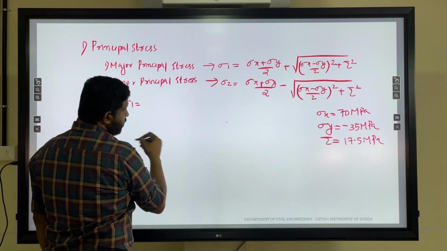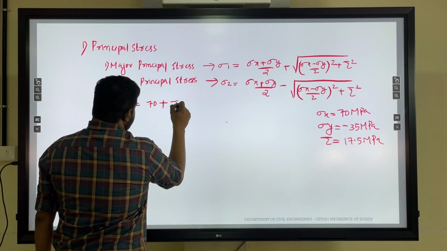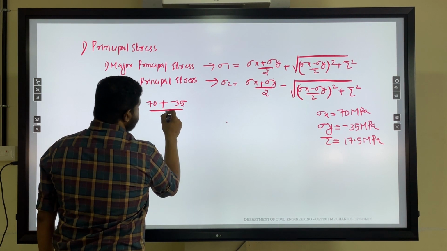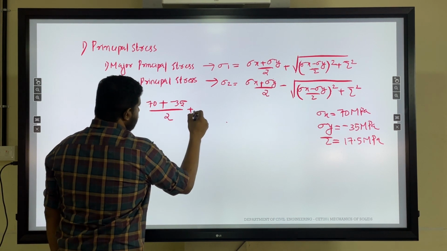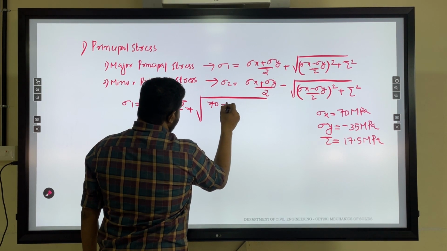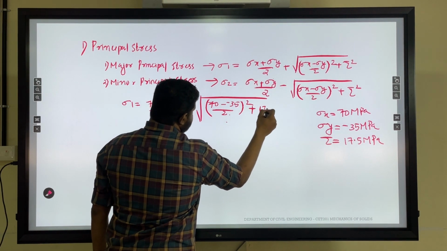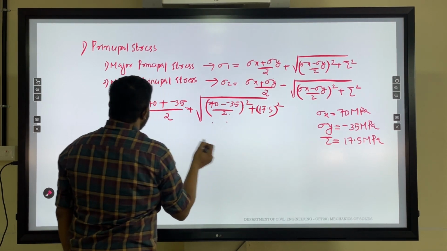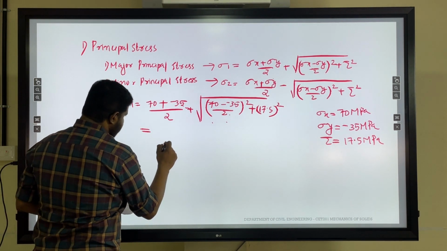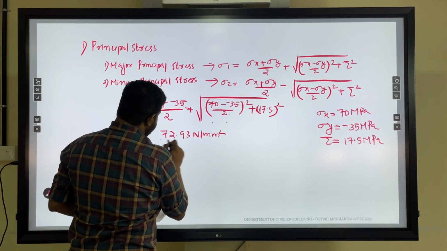Sigma 1 is equal to (sigma x + sigma y)/2, that is (70 + (-35))/2, plus root of ((70 - (-35))/2) the whole square plus 17.5 the whole square. On solving this, we get sigma 1 as 72.93 Newton per mm square.